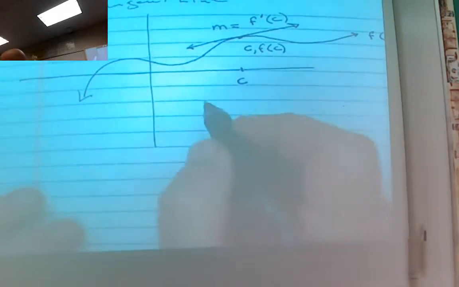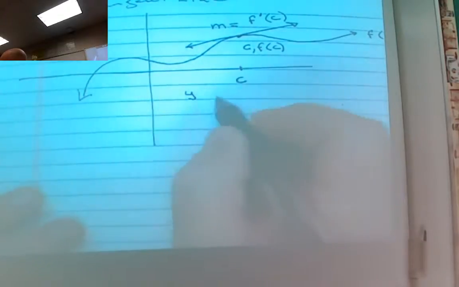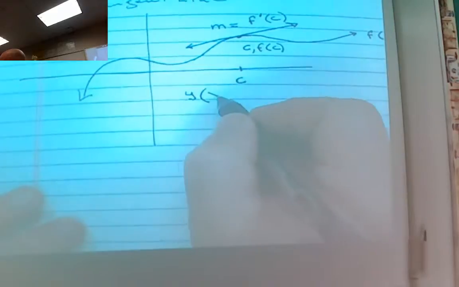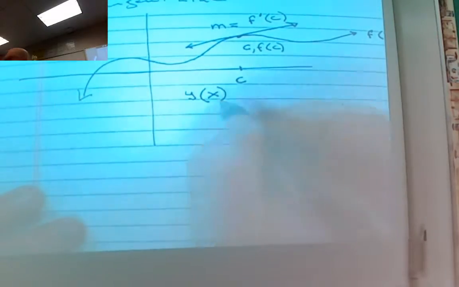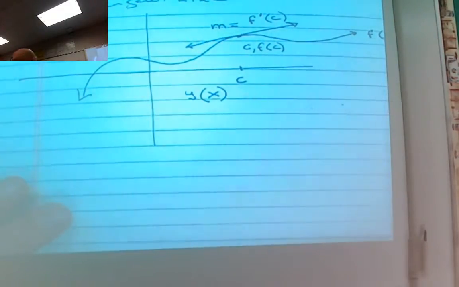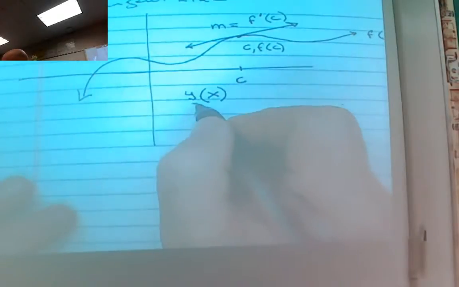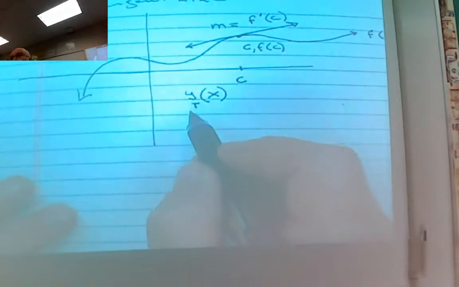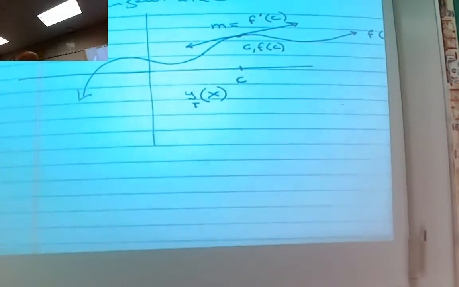So the general form of a tangent line, and I'm going to write it a little bit differently, I'm going to write it in a functional form. And that means I'm going to input x into the equation of a tangent line. Everybody have that idea? Okay.